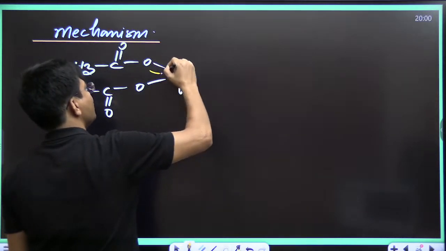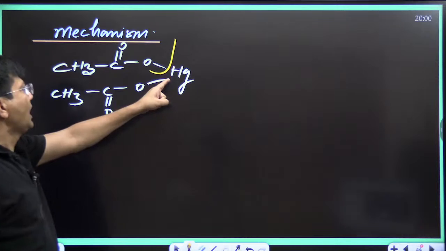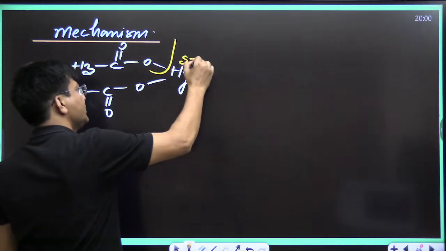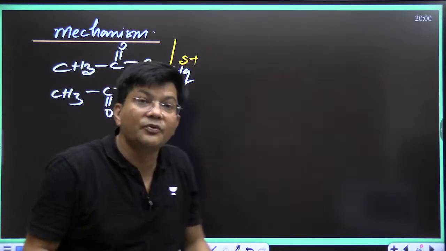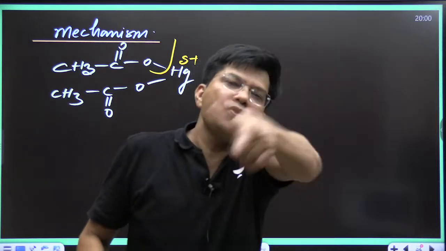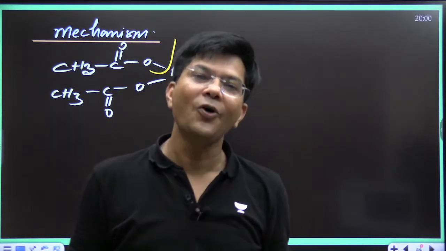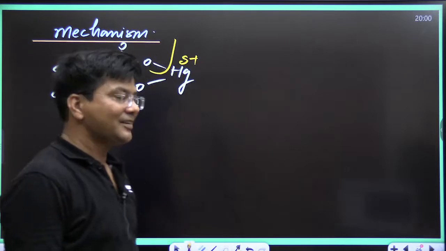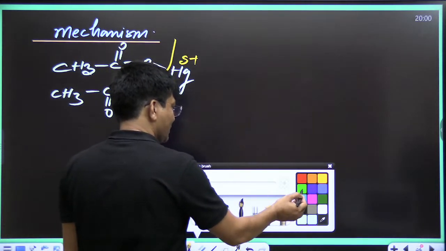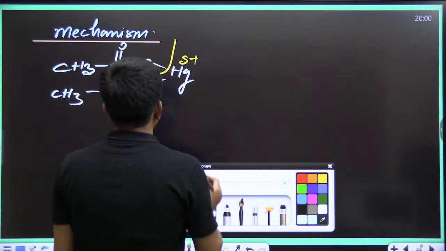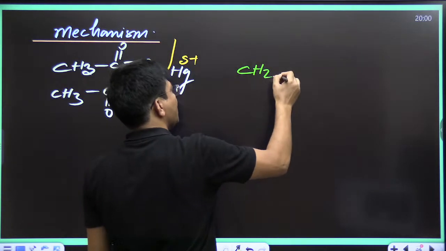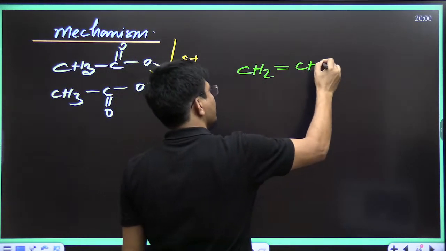I want to leave you. Let me go. I gotta go. Oxygen is saying, hey, mercury, where are you going? You are going to leave me? Who is there? Where are you going? So mercury said, I'm going to the alkene. So oxygen started thinking, what's there? Why is the mercury going to that carbon?